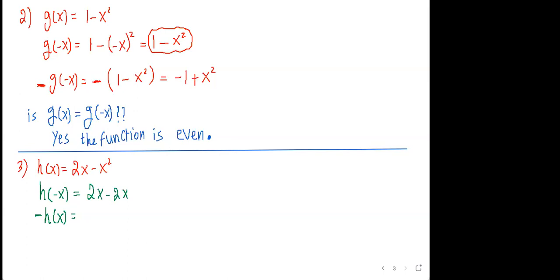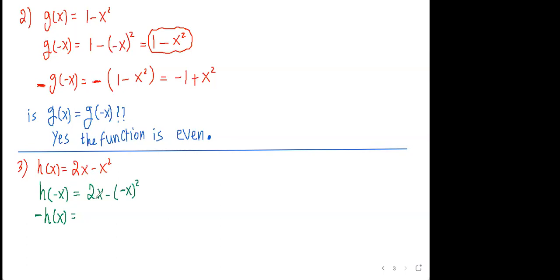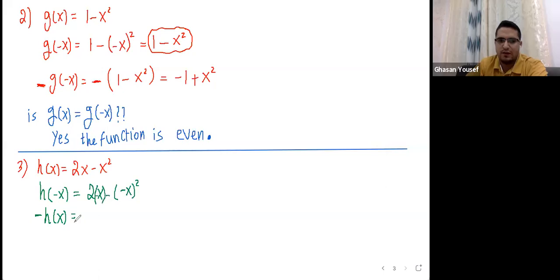No, 2x minus parentheses negative x squared. But what about this x? You did not plug the minus inside this x. All right, so what is it supposed to be like this? 2 times parentheses, yes. So 2 times minus x squared.